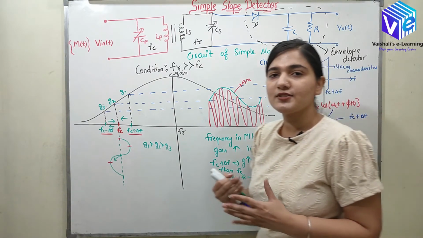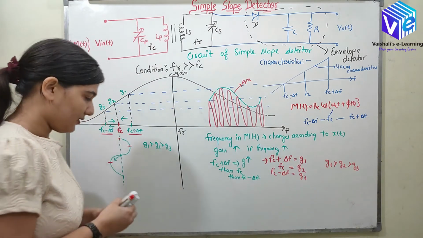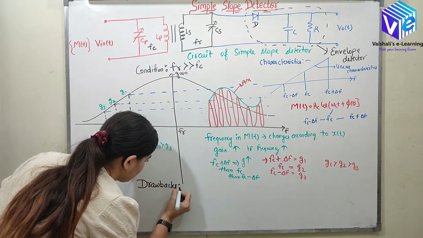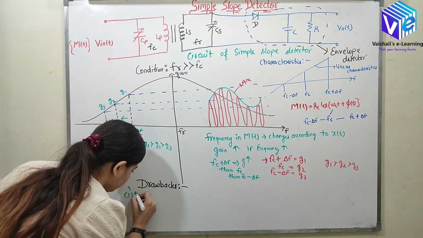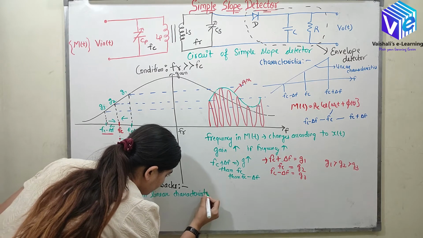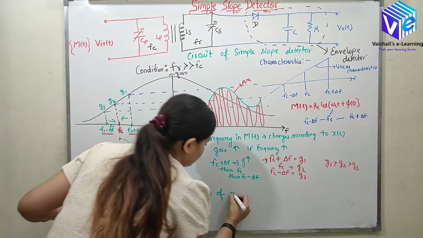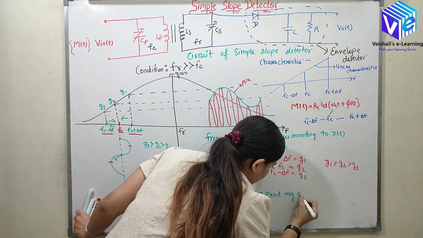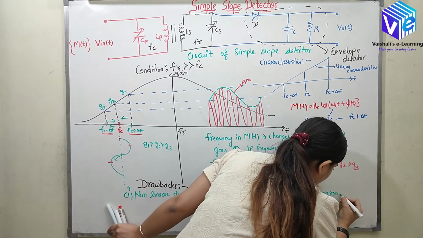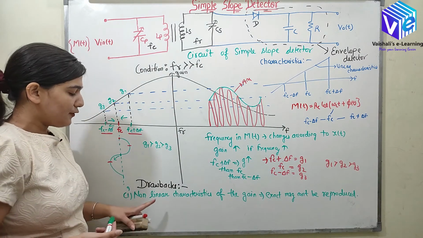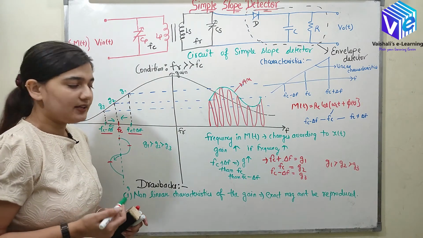So now we'll be seeing the drawbacks of this circuit. So the first drawback is non-linear characteristics of the gain.